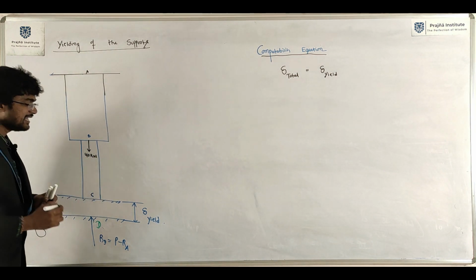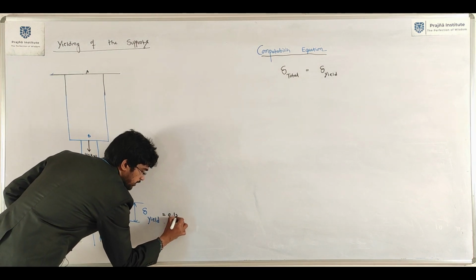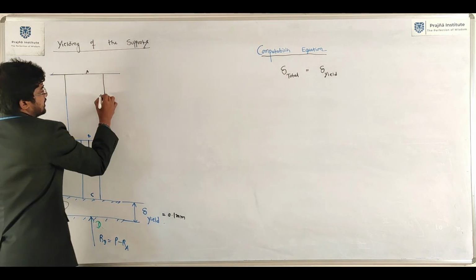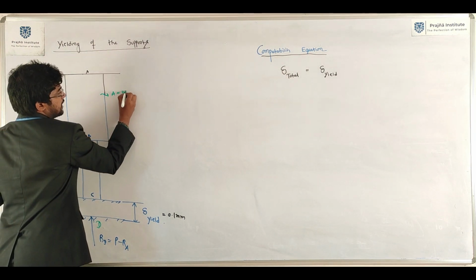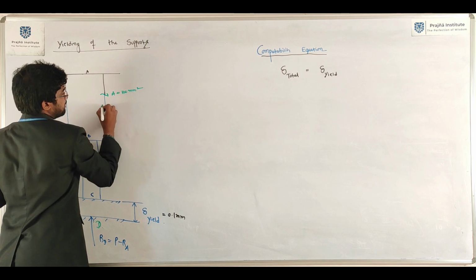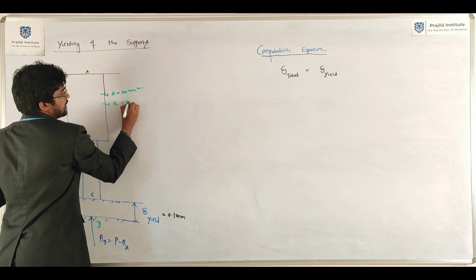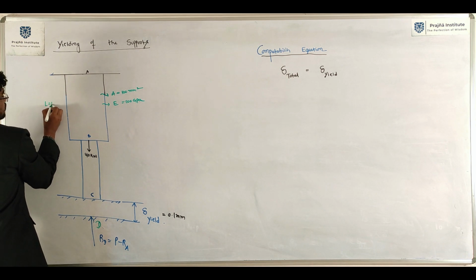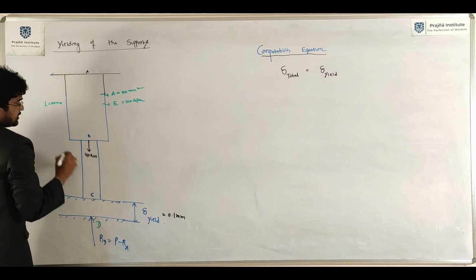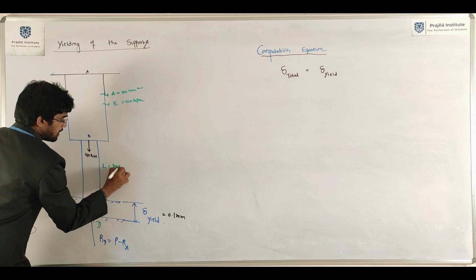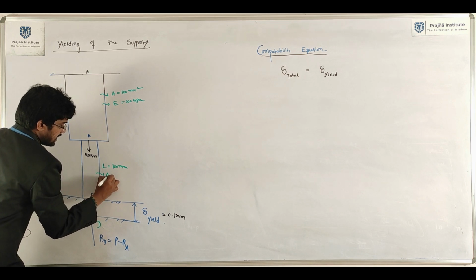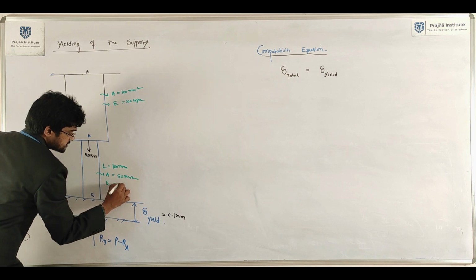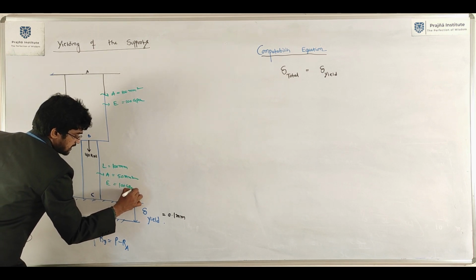Delta yield equals 0.1 mm. Here A equals 100 mm square, E equals 100 gigapascal, and length L is equal to 100 mm. Here A equals 50 mm square, E equals 100 gigapascal, and length L is 100 mm.